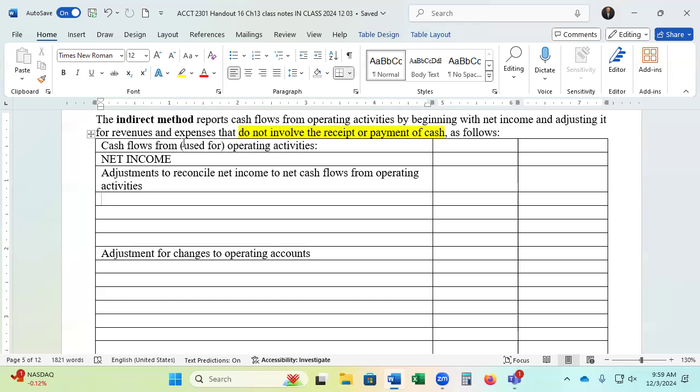Okay. And now you have adjustments to reconcile net income to cash flows from operating activities. This is going to be a guide for you to use for your problems. I broke out all the pieces separately. So you're going to add depreciation expense.